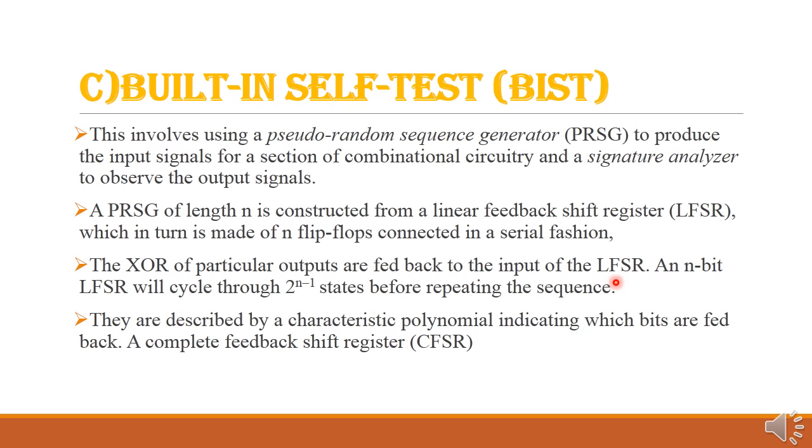An n-bit LFSR will cycle through 2^n - 1 states before repeating this sequence. They are described by the characteristic polynomial indicating which bits are fed back. A complete feedback shift register is shown below.